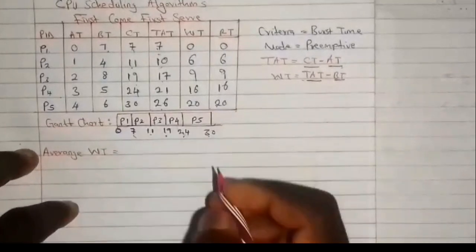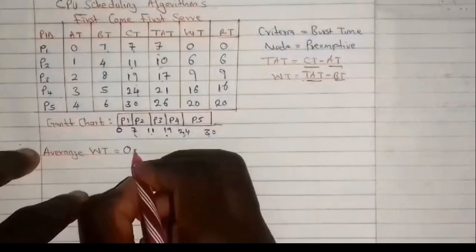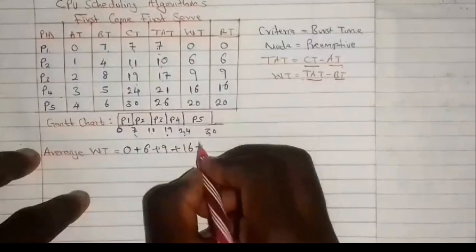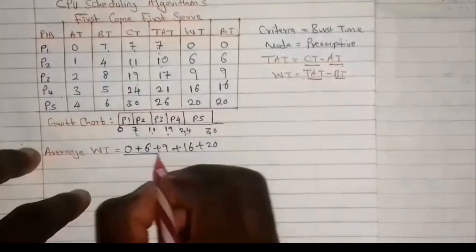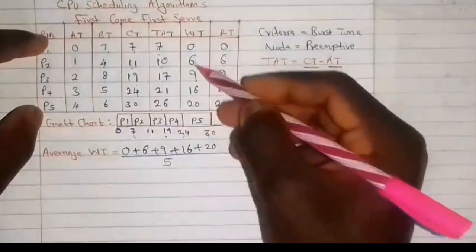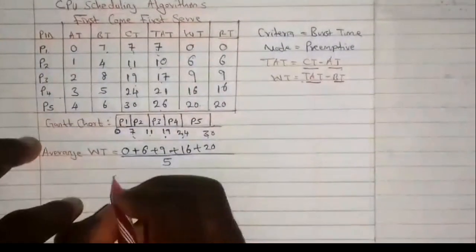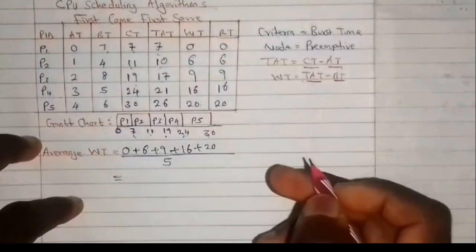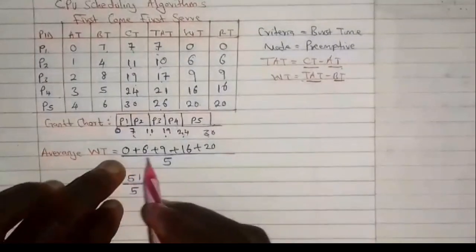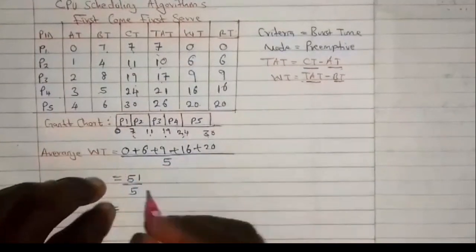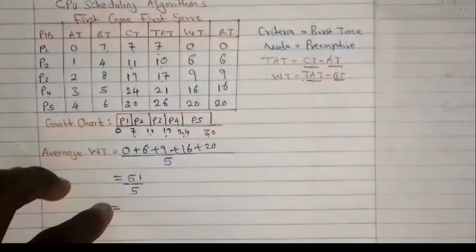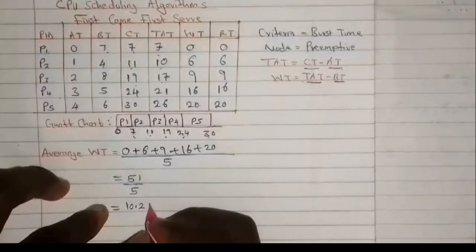You add all the waiting times, that is 0 plus 6 plus 9 plus 16 plus 20, and divide by 5, because there are 5 processes. Adding them, you get 51 divided by 5, we get 10.2 microseconds.